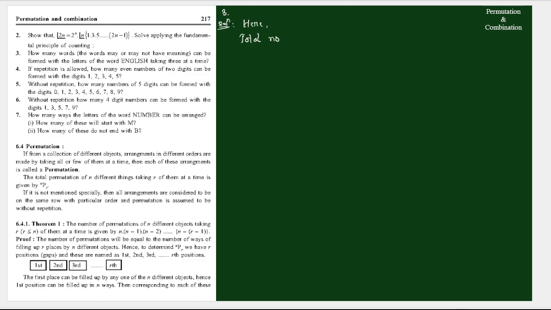Total number of letters in English equal to how many? 7. Now you have to form a 3-letter word, right?